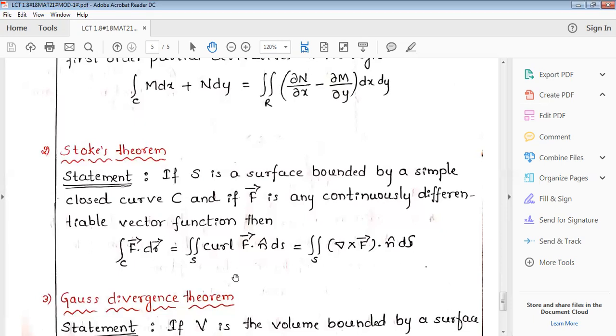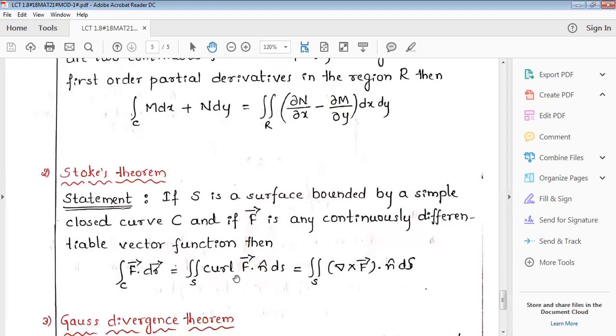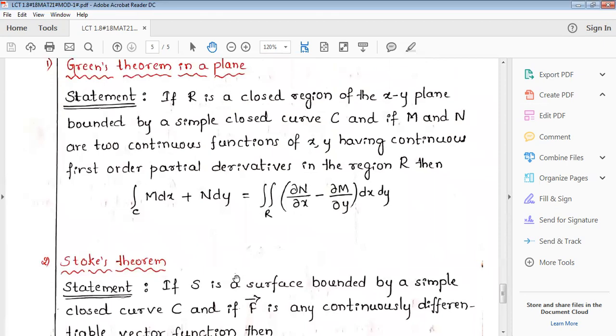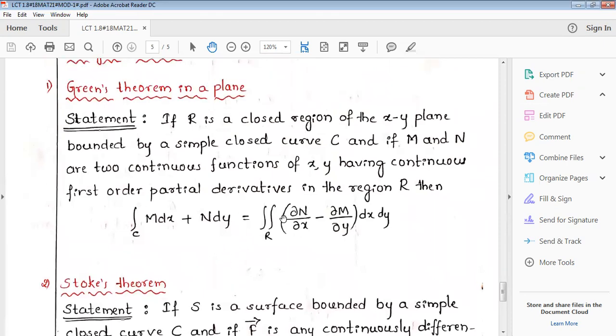So whenever you are given an F and asked to verify Green's theorem, then here we have to write down the equation and then find the partial derivatives of M and N with respect to x and y. Substitute here, and your LHS must be equal to RHS.